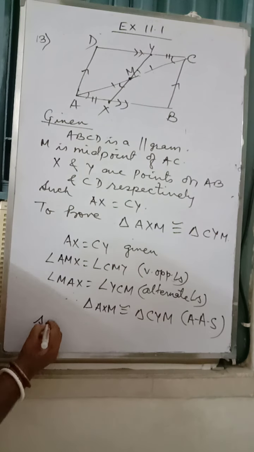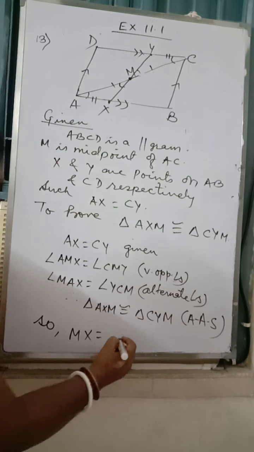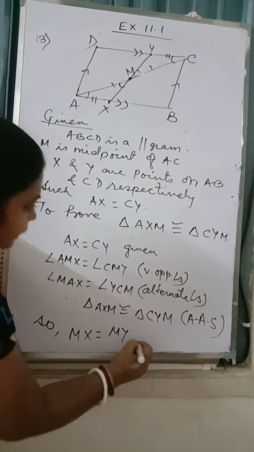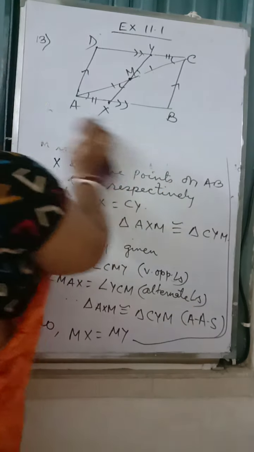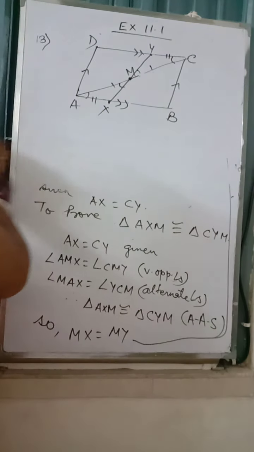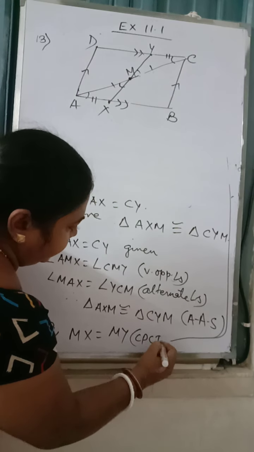Now once the triangle is congruent, we can write MX is equal to MY. What does it mean? M is the midpoint of XY, by CPCT.